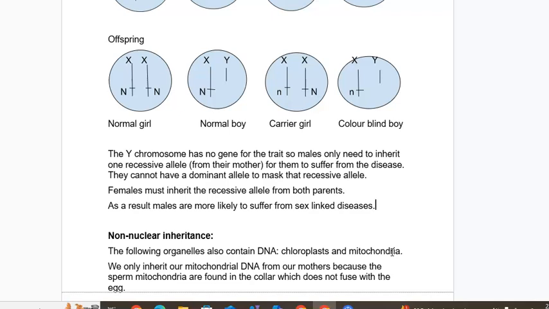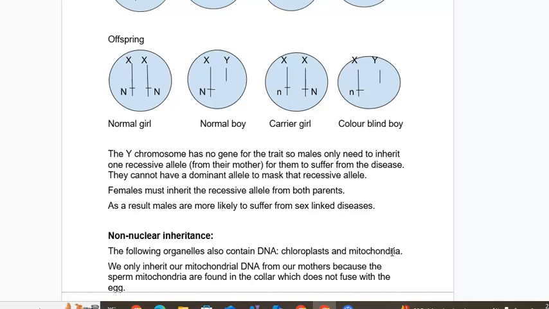Now, just an interesting note about the mitochondria. If you remember when we talked about fertilization, when the sperm fertilizes the egg, only the head of the sperm enters the egg. So the mitochondria in the collar, or at the midpiece of the sperm, do not enter the egg. So the mitochondria of the sperm, which originated from the father, stay outside the egg.